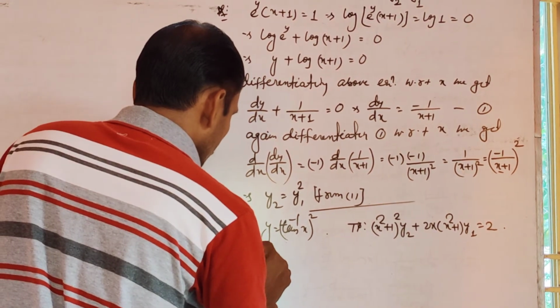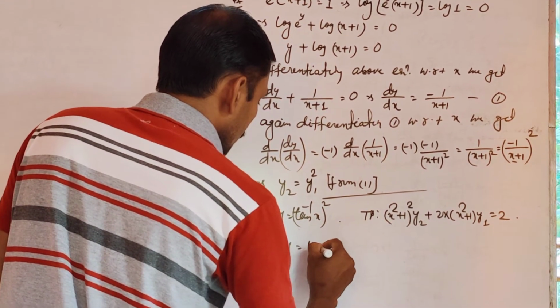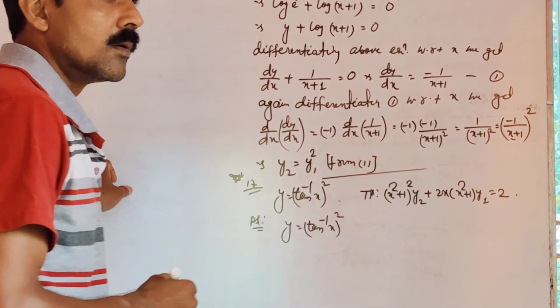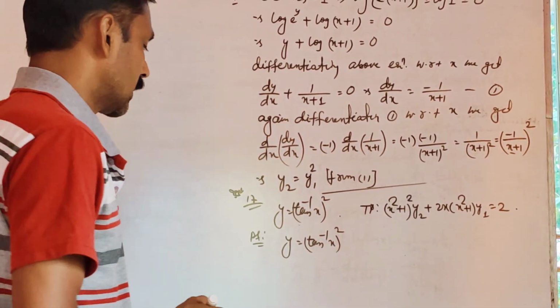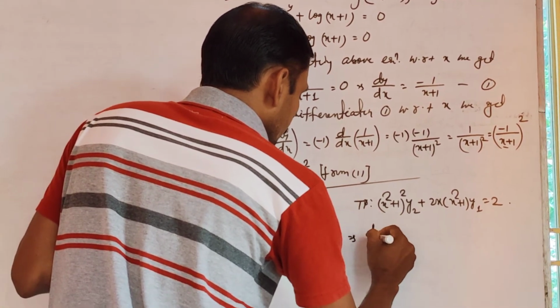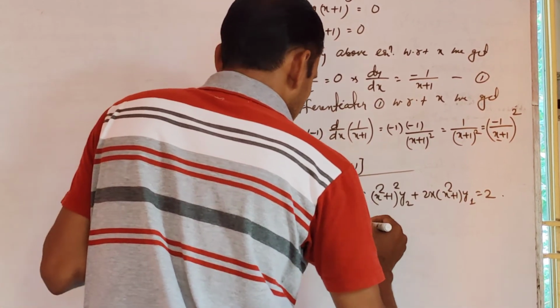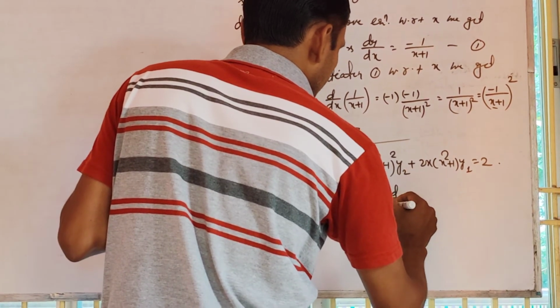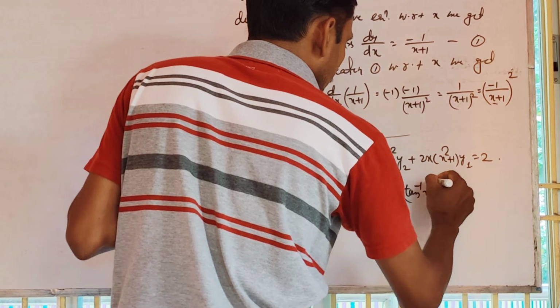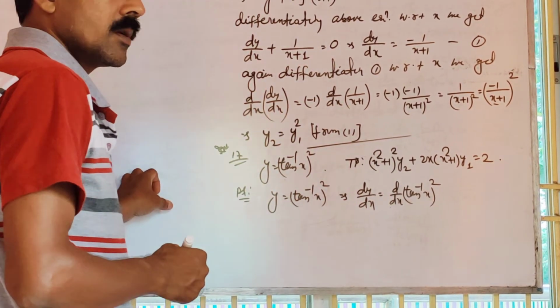Here, y equals tan inverse x whole square. Okay. So dy by dx is d by dx of tan inverse x whole square. Clear?